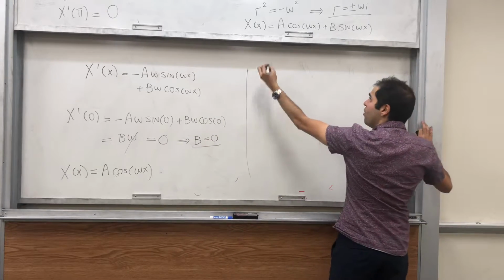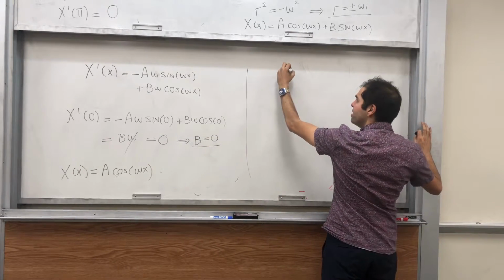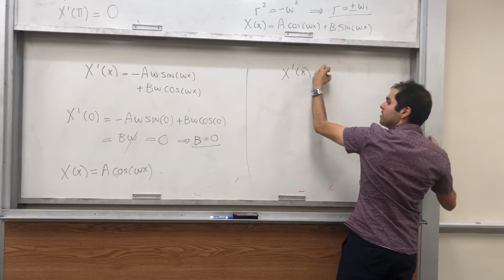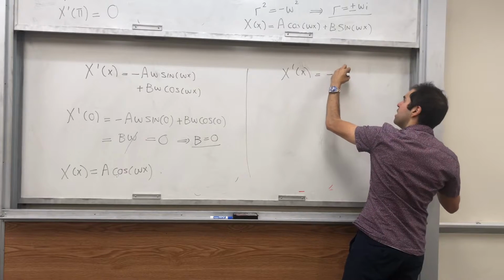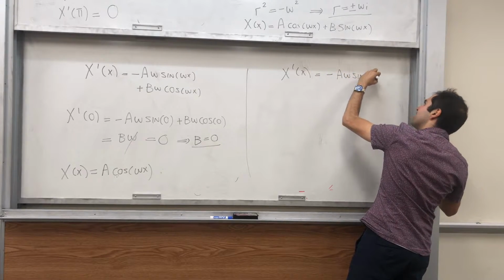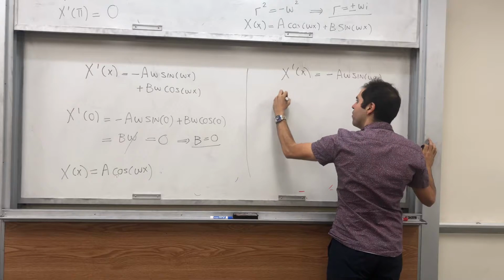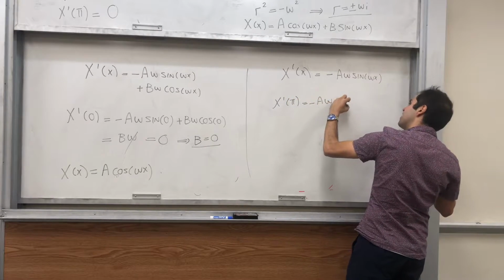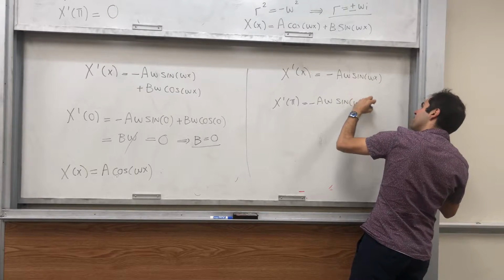Good. And now we just have one more condition. So if X is a cosine, X prime of x is minus a omega sine of omega x. So X prime of pi is minus a omega sine of omega pi.